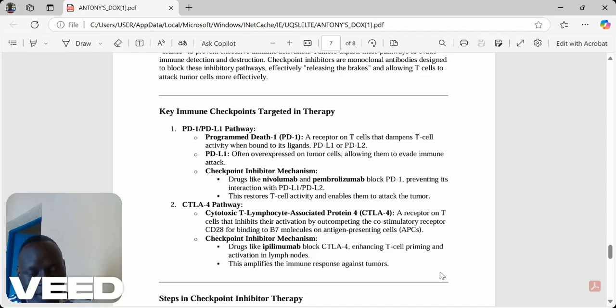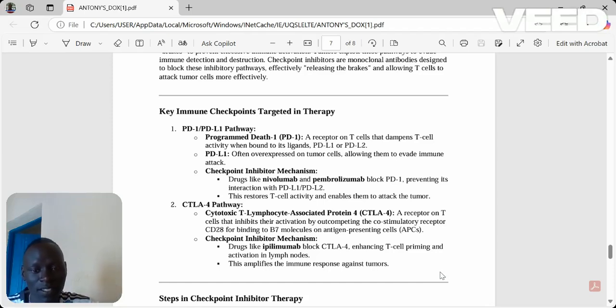The CTLA-4 pathway: cytotoxic T lymphocyte-associated protein 4, a receptor on T cells that inhibits activation by outcompeting the co-stimulatory receptor CD28 for binding to B7 molecules on antigen presenting cells (APCs).